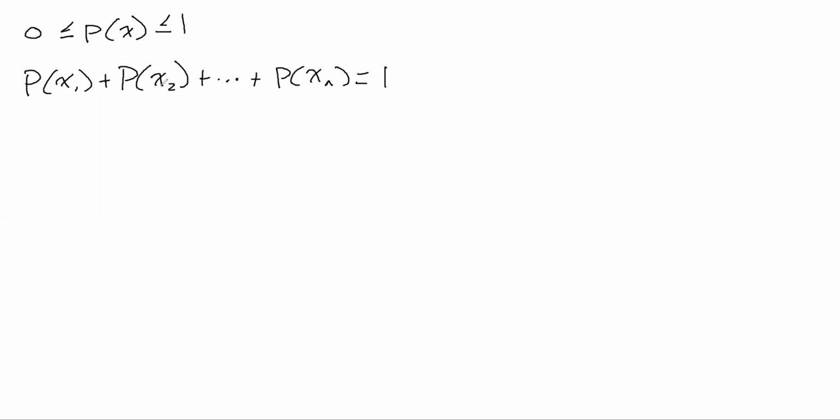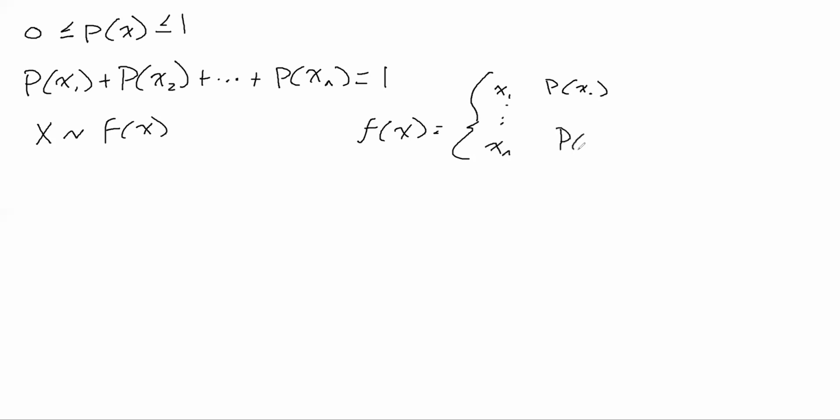Also notice that now we're using a little x instead of a capital X. A capital X is going to be the random variable with some distribution. So we're going to say X is our random variable with some distribution, and it will follow a function of x. Maybe f of x could be, let's say, if it's x1, the probability of x1, all the way down to xn.